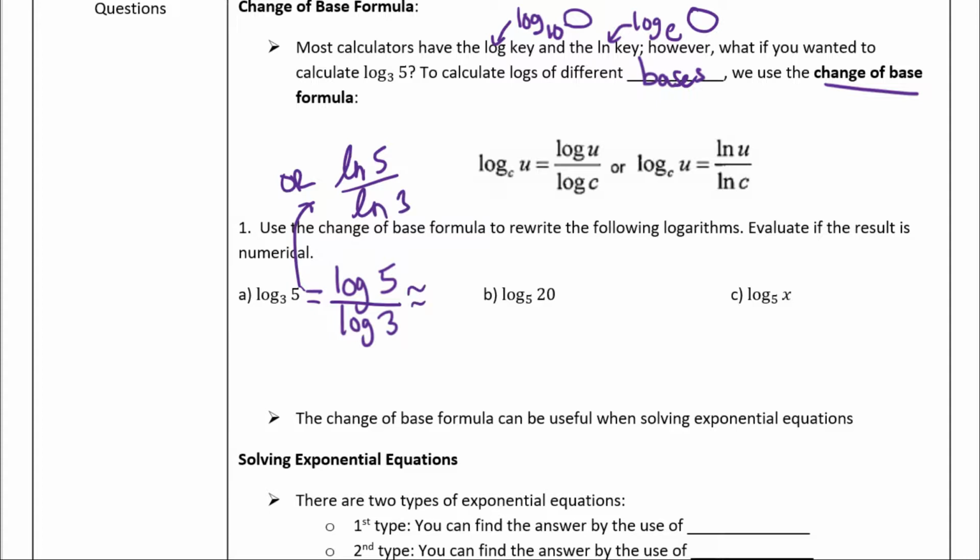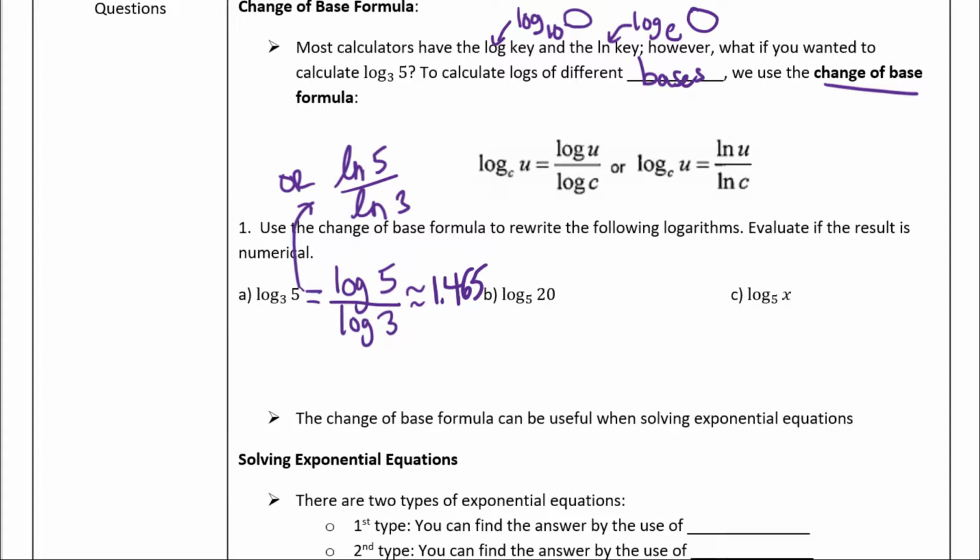So we're going to quickly calculate that number. Again, the log and the ln keys are already built into the calculator. So you would get 1.465.